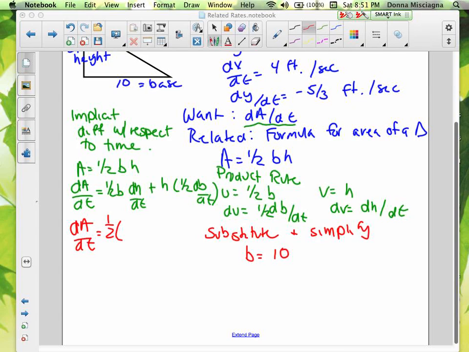So b is 10, because it's the same as x. dB dt is 4, the same as dx dt. And h is 24, and dh dt is -5/3.